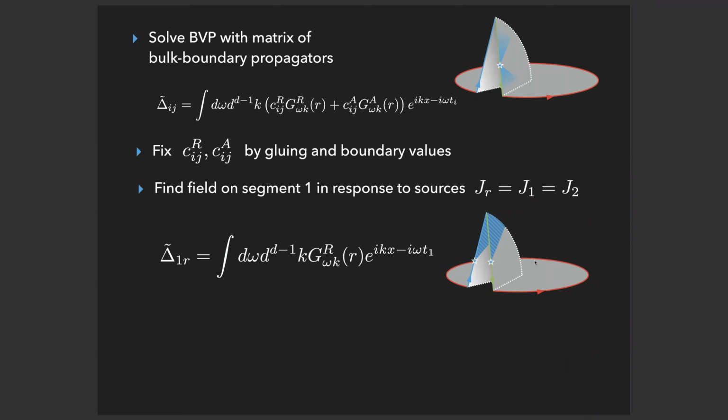I see. So the full solution with J1 equals J2, we determine from this calculation, has no support to the past of these insertions, only into the future. And that's equivalent to an ingoing boundary condition on a single copy. Okay, thank you.